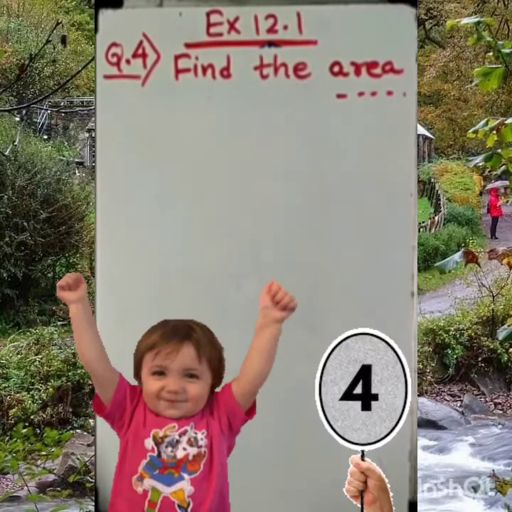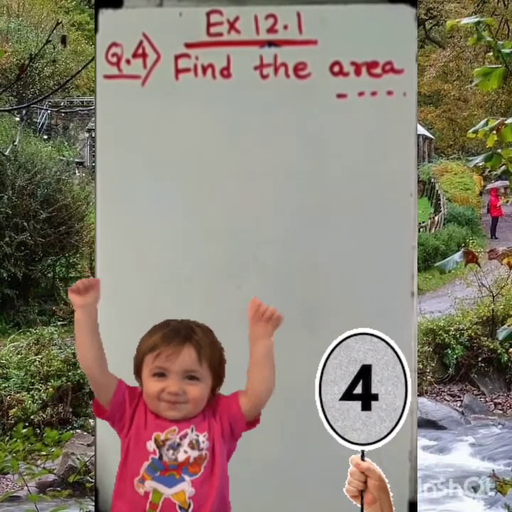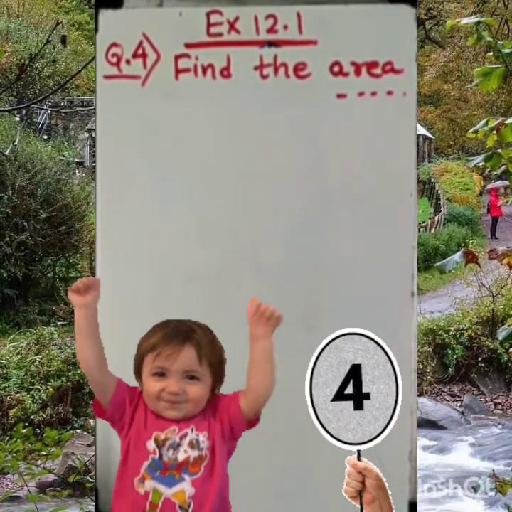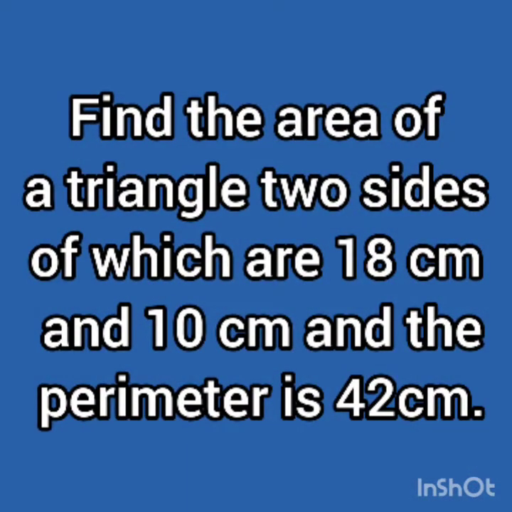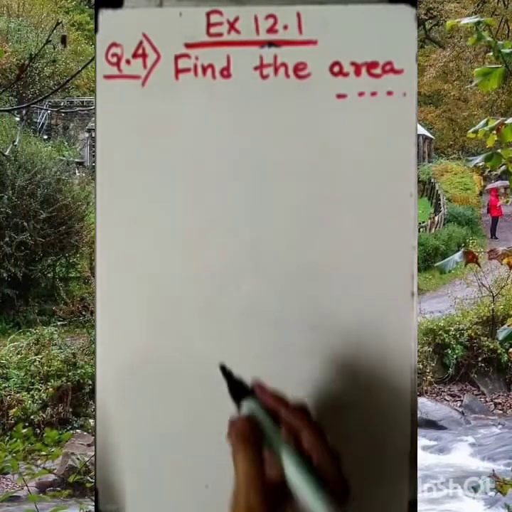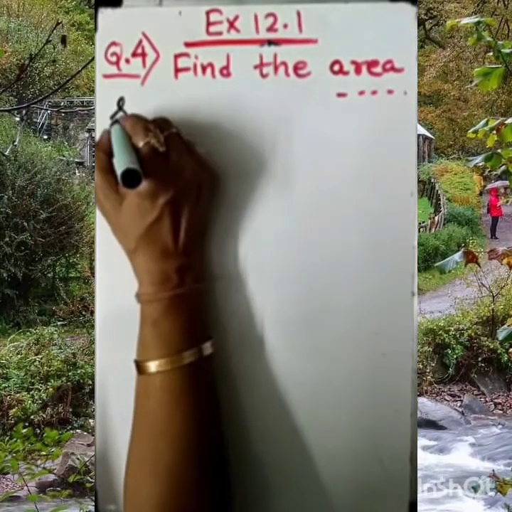Question number 4 is on your screen, dear student. Find the area of a triangle, two sides of which are 18 centimeter and 10 centimeter, and the perimeter is 42 centimeter. Right? So, my dear student, here we are given any two sides of a triangle. So, let's start the solution.